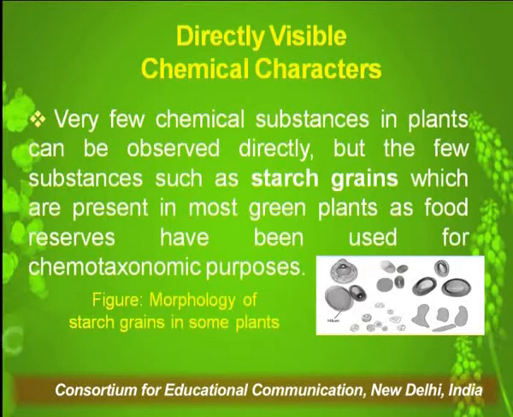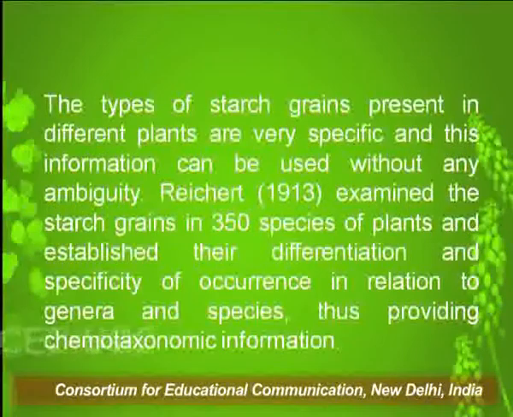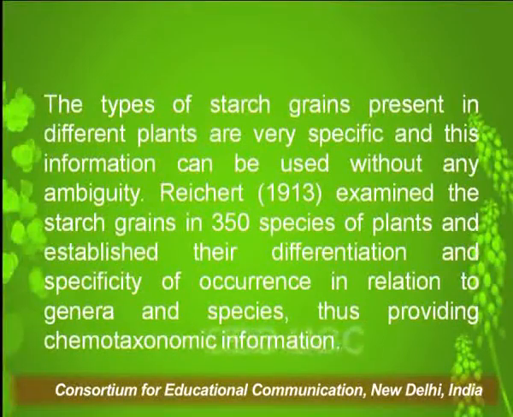Very few chemical substances in plants can be observed directly, but a few substances such as starch grains, which are present in most green plants as food reserves, have been used for chemotaxonomic purposes. The starch grains present in different plants are very specific, and this information can be used without ambiguity.